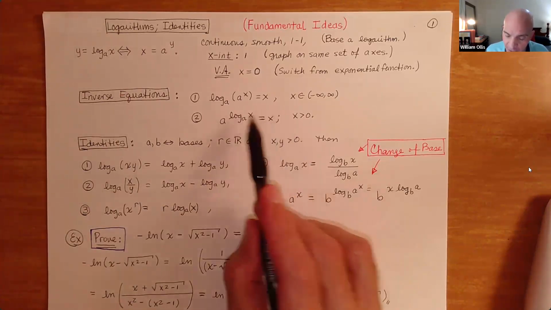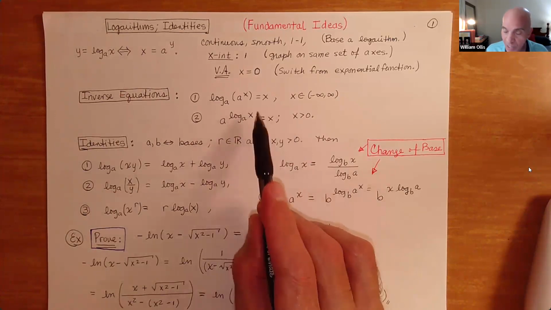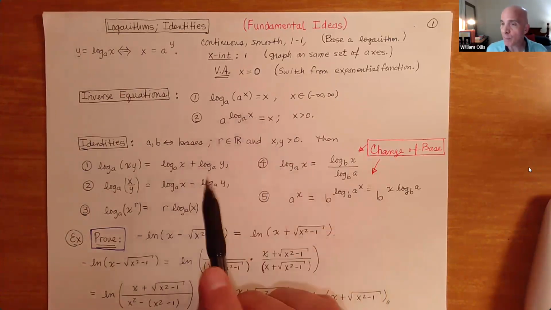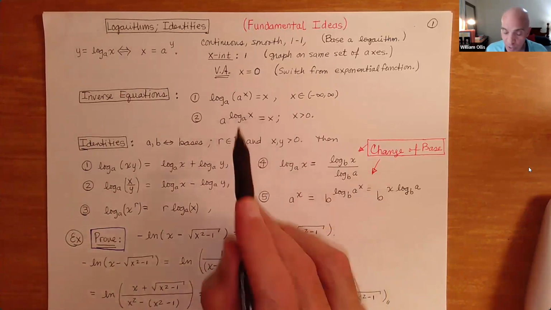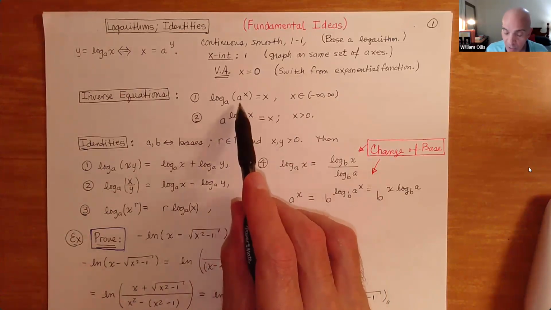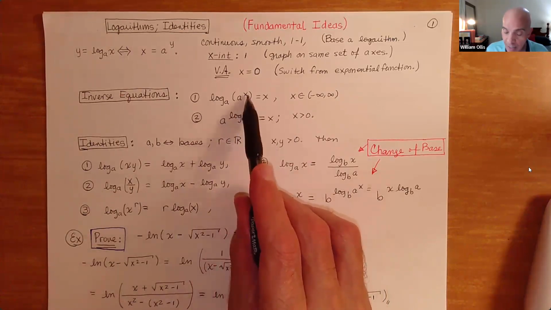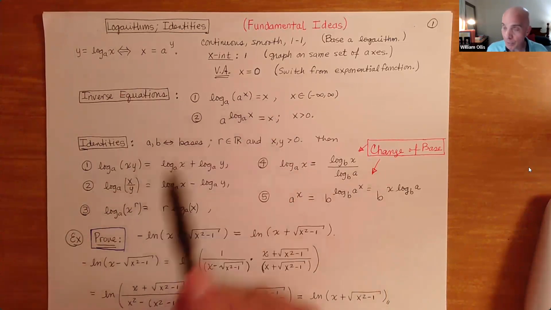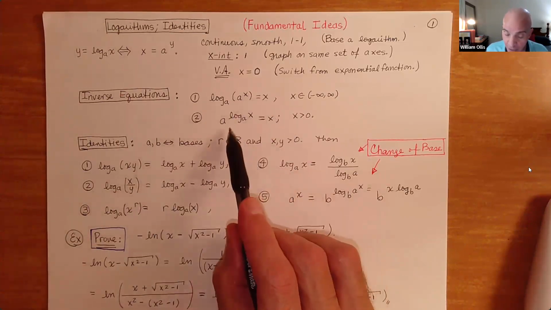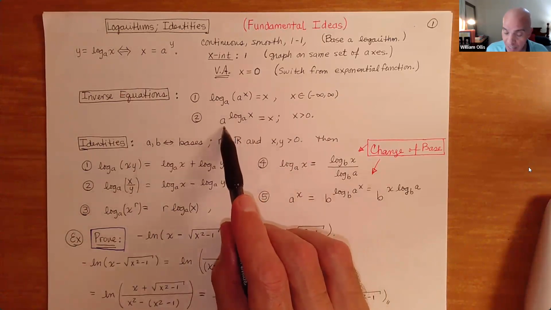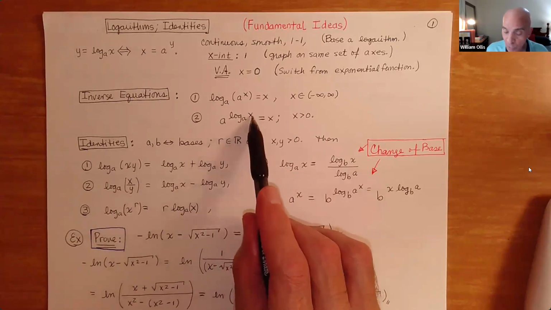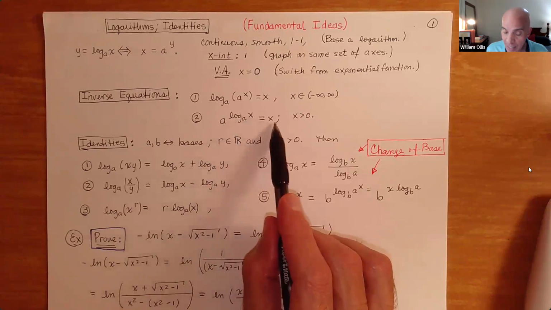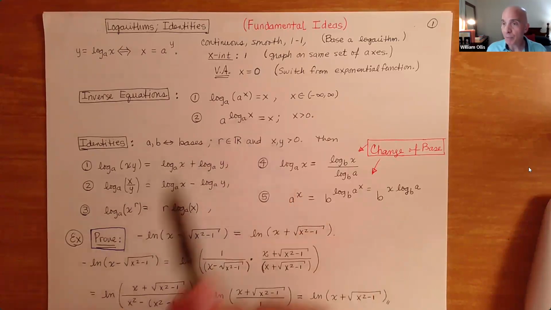That is, in the very general sense, where we take the independent variable to be the same for each function, we have the base A logarithm of a to the x is just x. Input equals output. And also, if we raise the base A exponential to the base A logarithm of x, we get x. Input equals output.